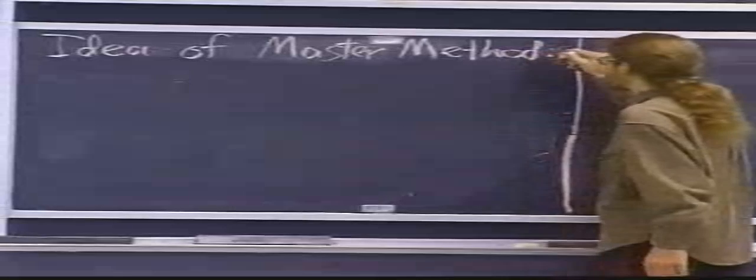The easiest way to see the basic idea is to look at the recursion tree, which I conveniently have half of here. So you just keep expanding the recursion tree. Each time you branch a ways, and you divide the argument by b.